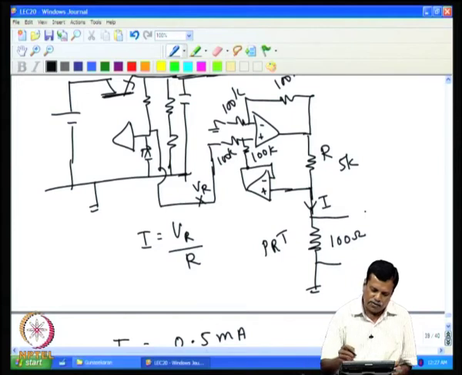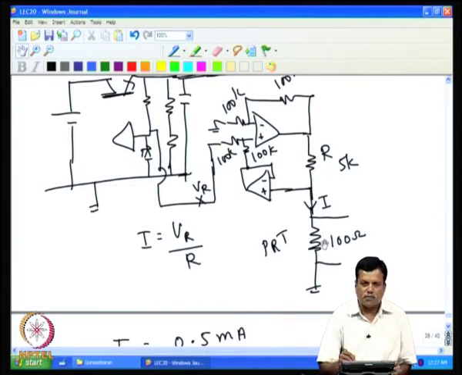And similarly, keeping a higher current also is an issue, because higher current will make this device heat up, and we are measuring the temperature, and the current itself should not heat the platinum resistance thermometer. This is called self heating. To limit the self heating also, we have to reduce this current.